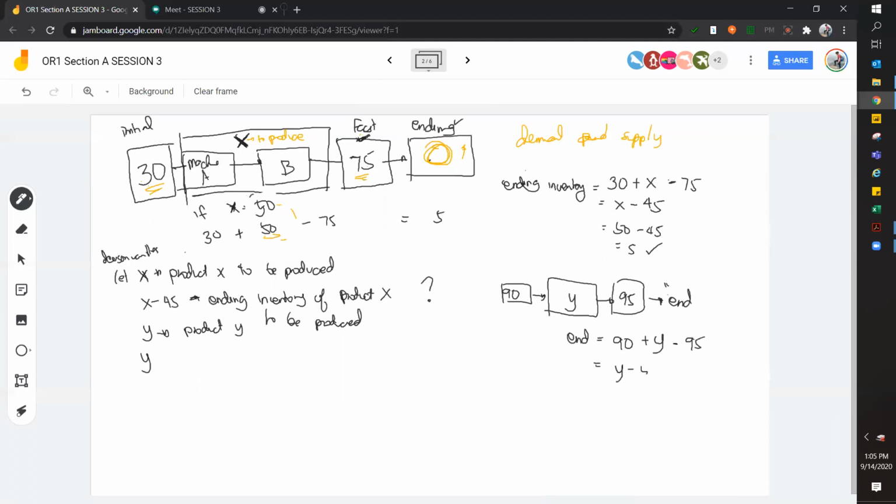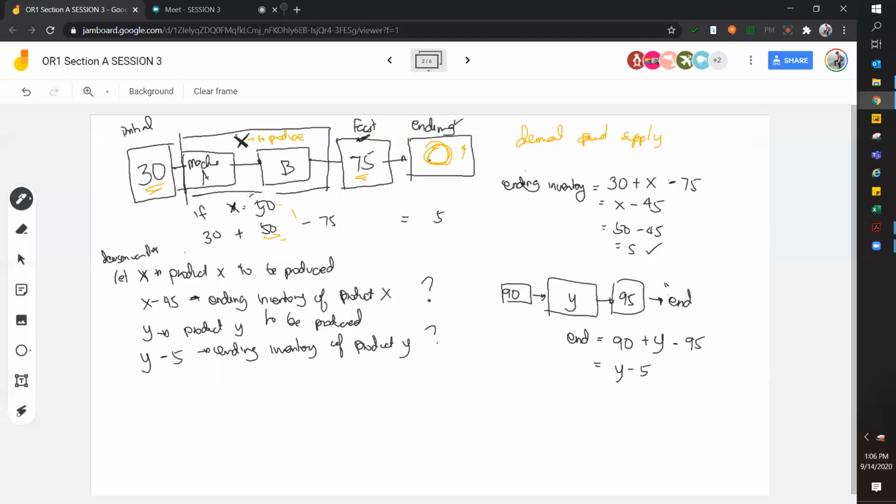So Y minus 5, this is my ending inventory of product Y. That is what we will look for. What is that Y minus 5? Not just Y. Got it?